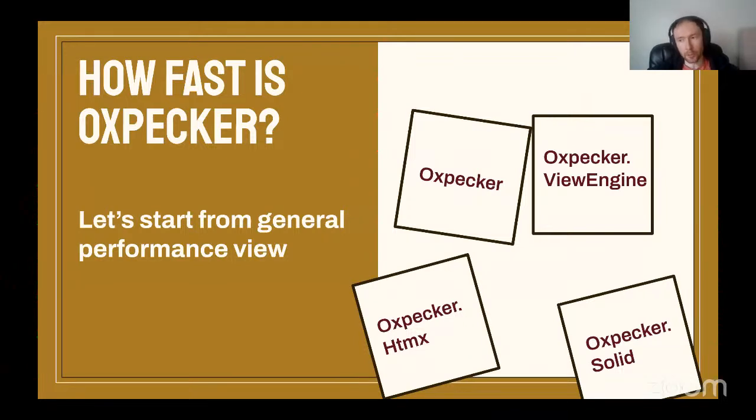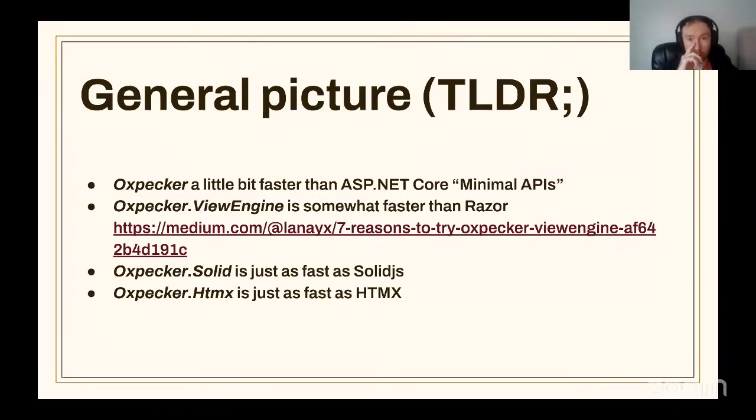So rather than jumping into TechEmpower right away, let's have a general view of Oxpecker and its components. So TLDR is that it is a little bit faster than the ASP.NET Core minimal APIs framework. Then it's somewhat faster than Razor, and I also wrote an article about that with some explanations.